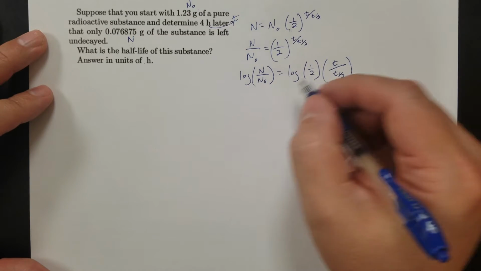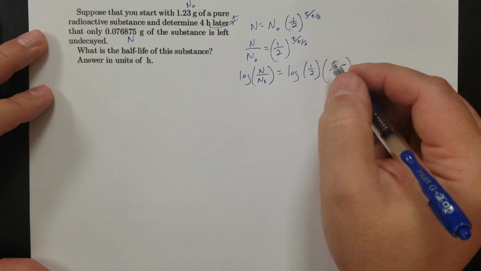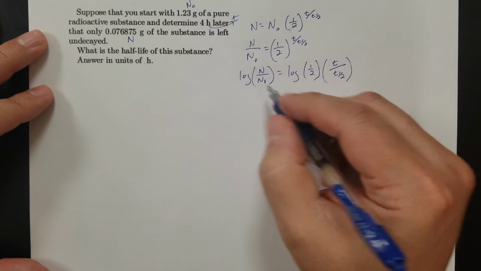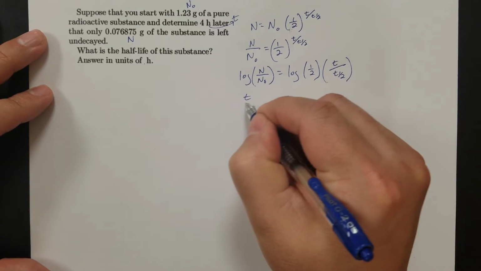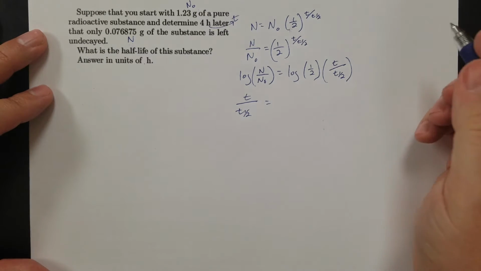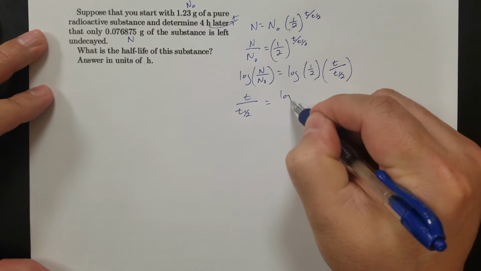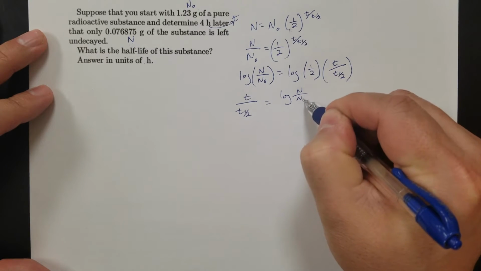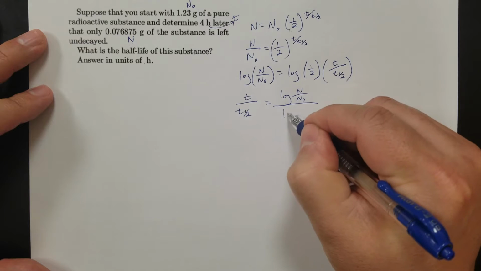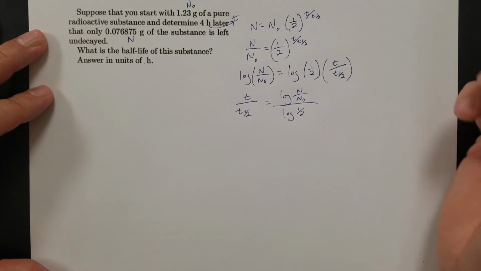So let's see. That would give me, I can divide over this. So how can I write this? T over T half equals the log of N over N naught over the log of a half, right?